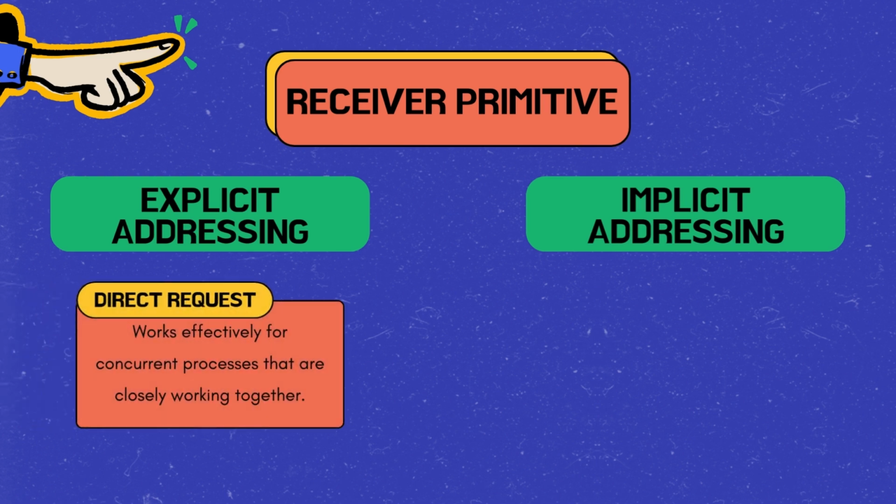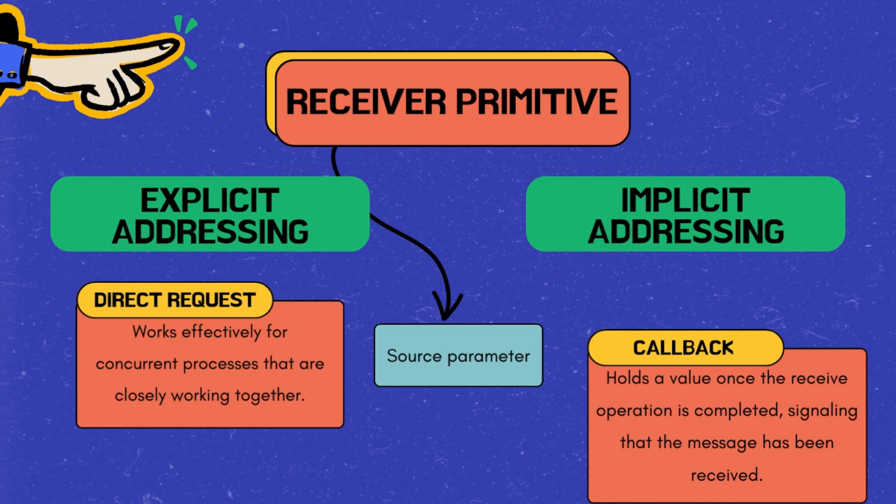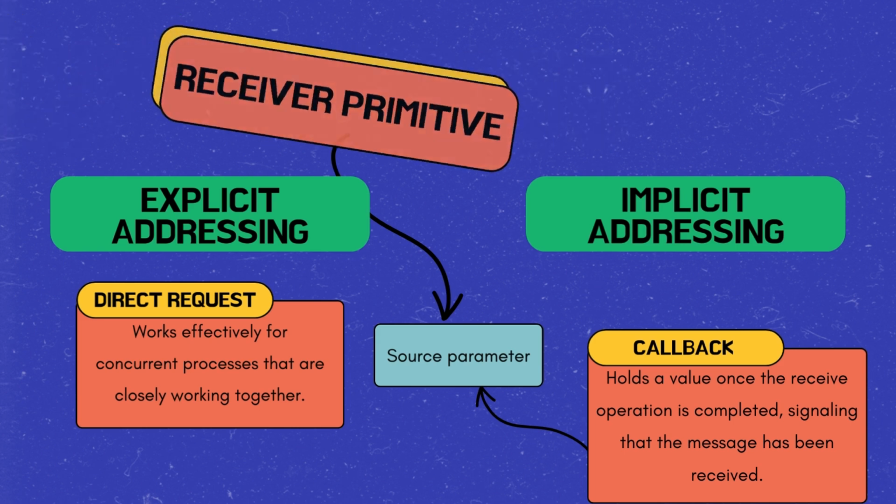The first method, like a direct request for a message, works effectively for concurrent processes that are closely working together. And the second method is like having a callback when you receive a message. The receive primitive has a source parameter. This parameter holds a value once the receive operation is complete, signaling that the message has been received.